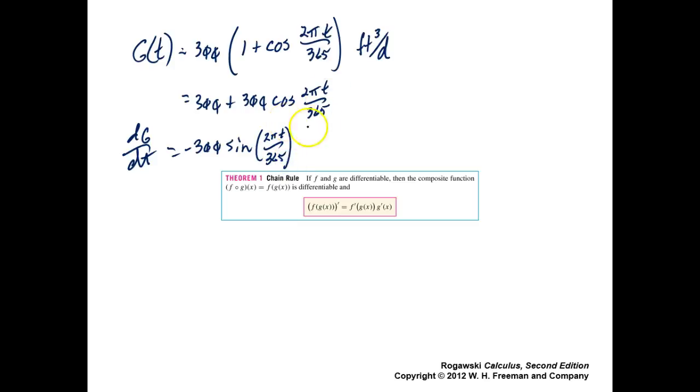But then you do the chain rule. We did the derivative of the outer function, the cosine, negative sine, at the same argument. Now we do the derivative of the inner function.